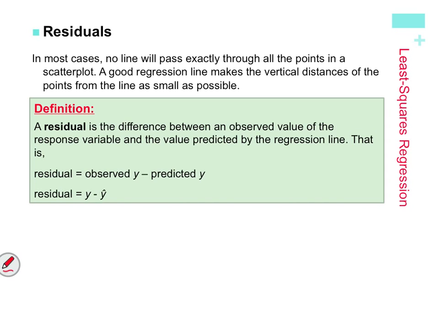A residual is the difference between an observed value of the response variable and the value predicted by the regression line. So the residual is your observed y minus your predicted y.